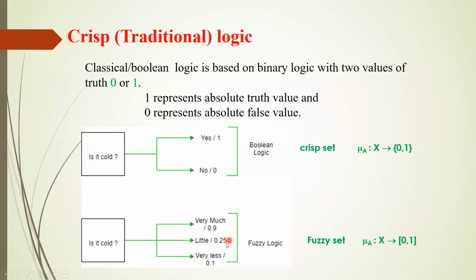But in the fuzzy logic system, there are linguistic variables present like very much, little, or very. These linguistic variables can be represented by degree of membership in the fuzzy logic, whose values can be in between 0 and 1. So there are no crisp 0 or 1, and these variables have values in between 0 and 1.